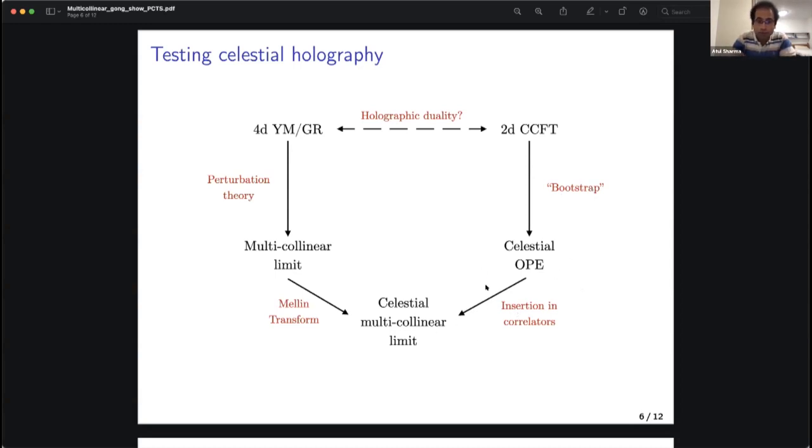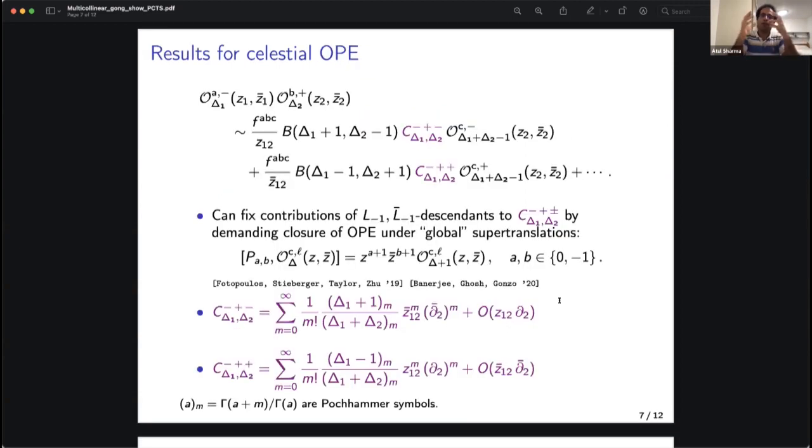And you can hope that these two procedures would give the same answer. So we took some baby steps towards this. We haven't succeeded a lot, but we have succeeded in getting the next interesting singularity beyond the two particles, the Z1 minus Z2 singularity.